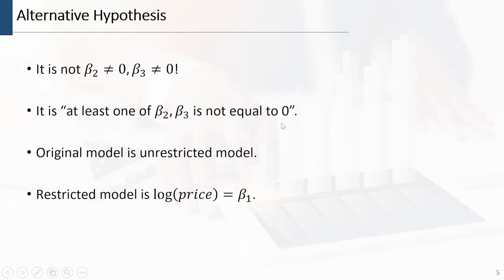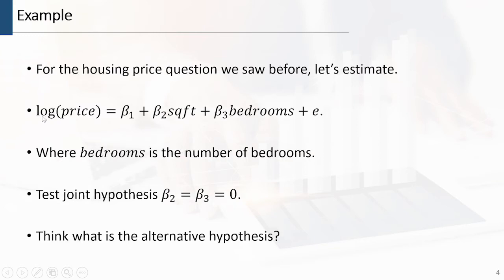Okay, and in this case, what is the restricted and unrestricted model? We should know that the bigger model with more coefficients, or so to say, the original model, is the unrestricted model. And the restricted model refers to the case when the restriction, or the hypothesis, is true.